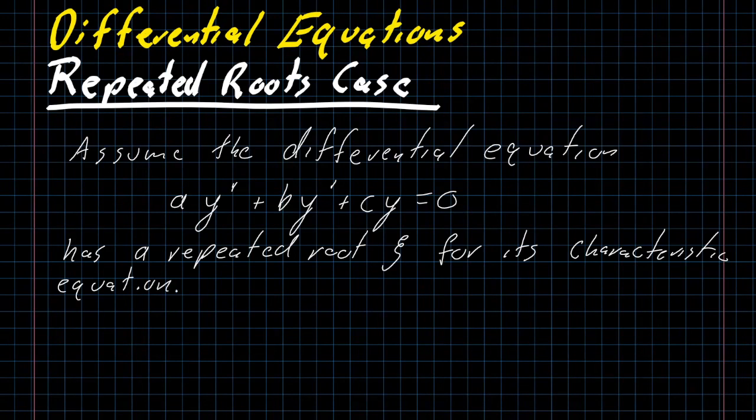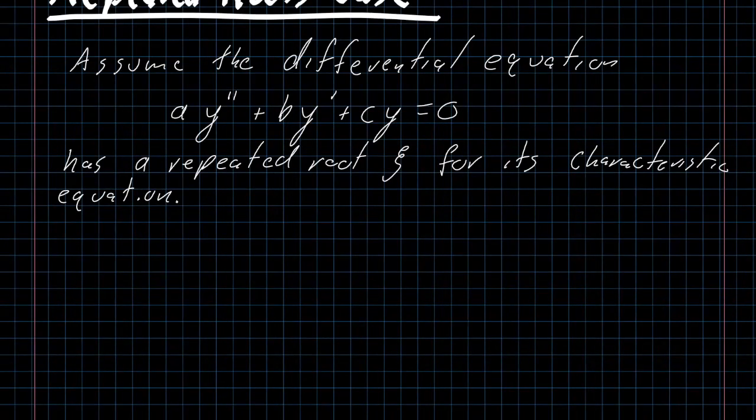All right, so let's assume that the differential equation a times y double prime plus b times y prime plus c times y equals 0 has a repeated root c for its characteristic equation. Well, from that assumption, we know a couple of things. We know that y1 of t equals e to the c times t is a solution to the differential equation.